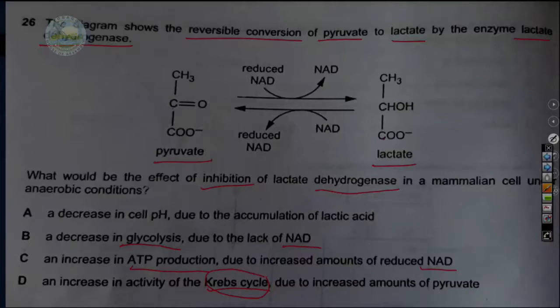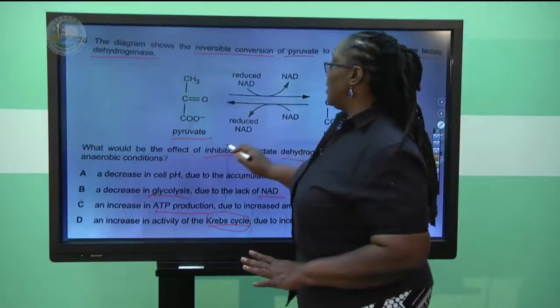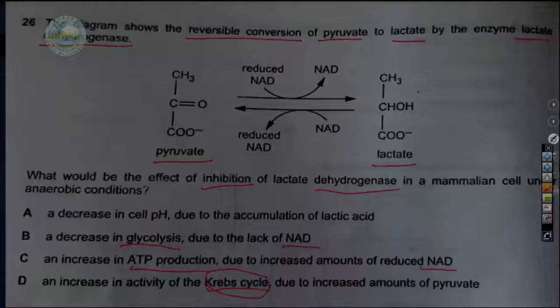Secondly, which one, again, would we be able to take out? If we look at the equation, it's saying the reversible conversion of pyruvate to lactate. So from pyruvate to lactate, this is the one we're looking at, the one going in this direction. And we're seeing here, reduced NAD is going to become NAD, right?